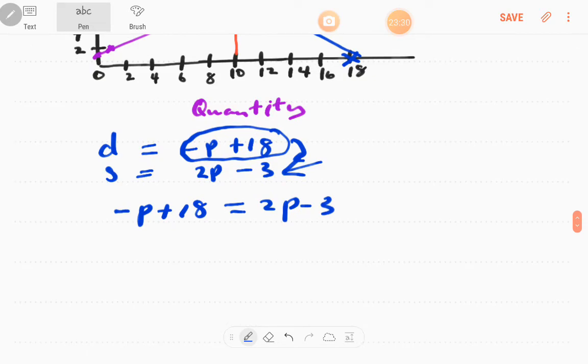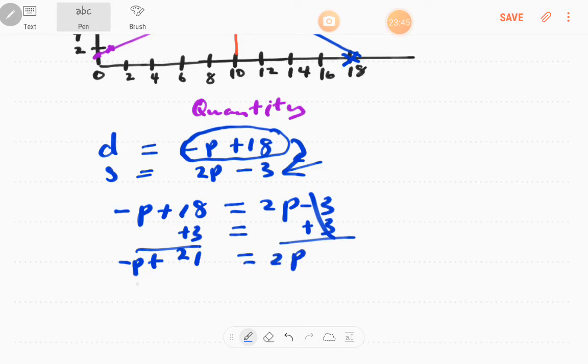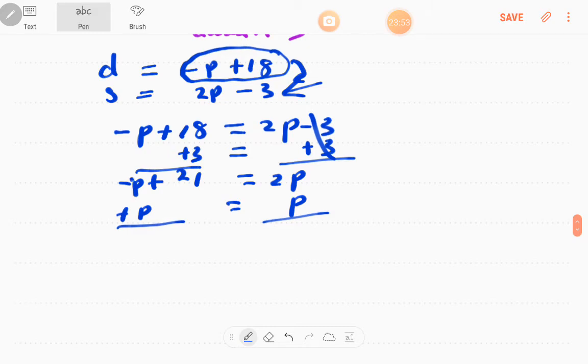Here I could add 3 to both sides, so I get 21. Then add P to both sides, so I get 21 equal to 3P, and divide both sides by 3.